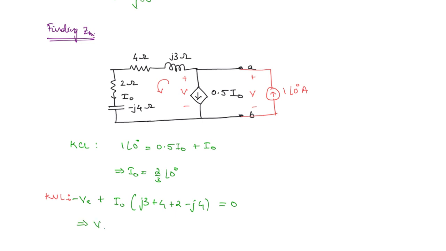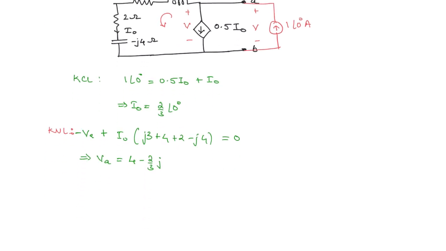The final answer, VA, you are going to get as 4 minus j 2 by 3. This will be the Thevenin's impedance. Therefore ZTH is equal to VA by 1 angle 0 degrees, which is equal to 4 minus j 2 by 3. You can write it in terms of magnitude and phase as well.